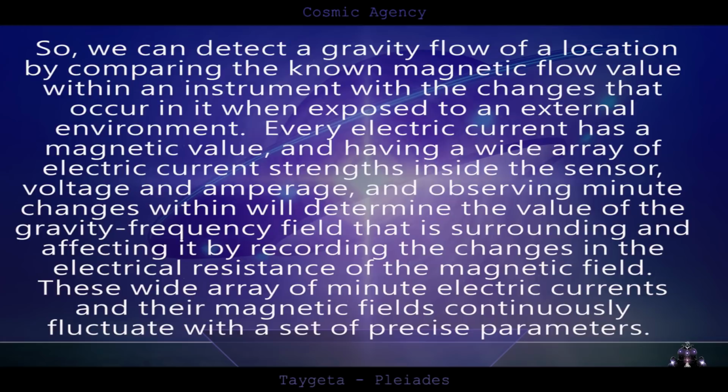Every electric current has a magnetic value, and having a wide array of electric current strengths inside the sensor, voltage and amperage, and observing minute changes within, will determine the value of the gravity frequency field that is surrounding and affecting it by recording the changes in the electrical resistance of the magnetic field. These wide array of minute electric currents and their magnetic fields continuously fluctuate with a set of precise parameters.